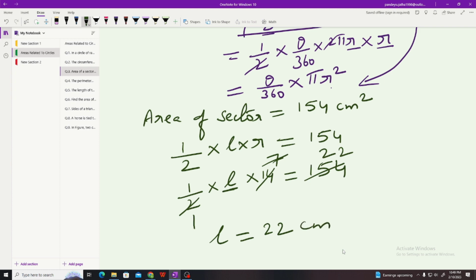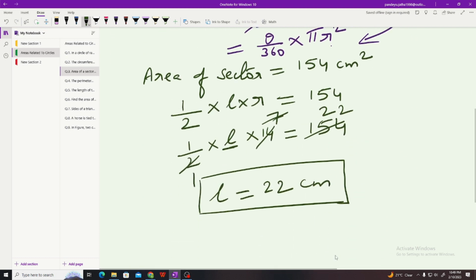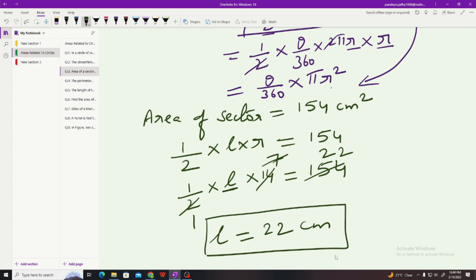So this is the length of the corresponding arc of the sector.